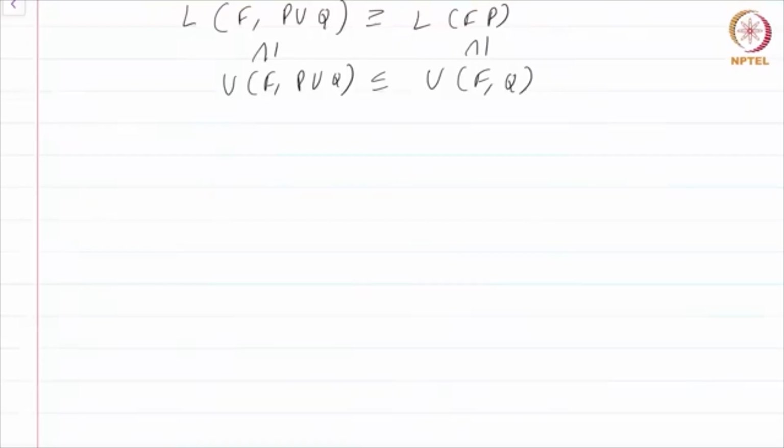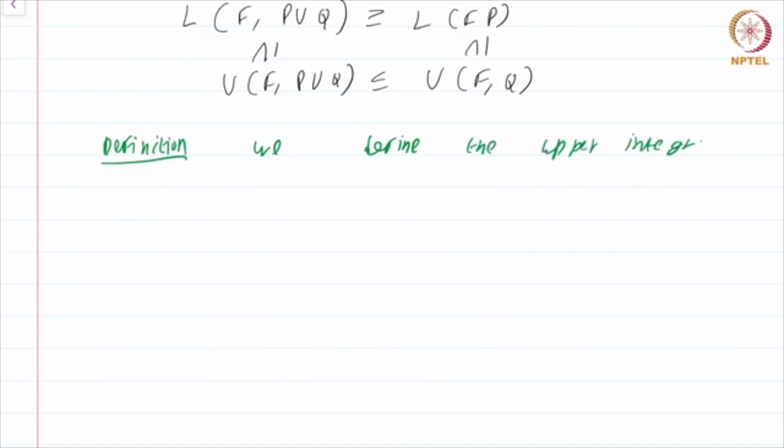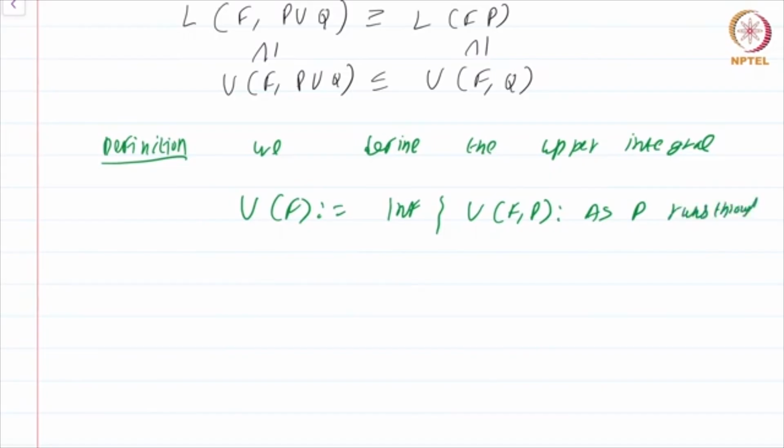Definition. We define the upper integral U of f to be just the infimum of U f P as P runs through all partitions of [a,b].